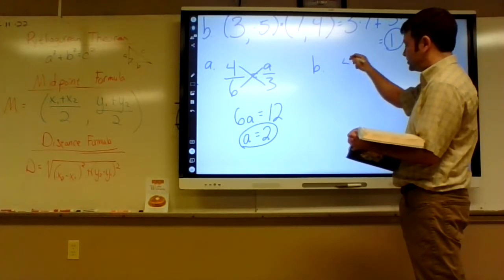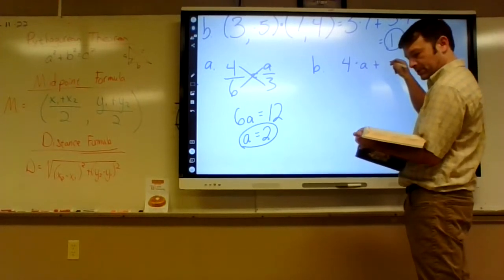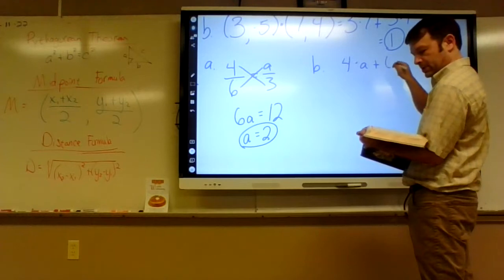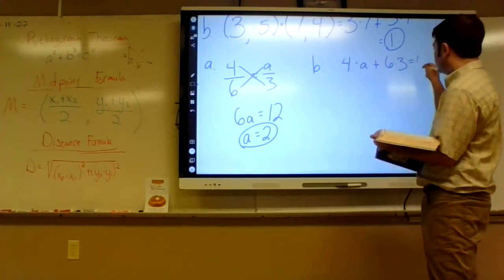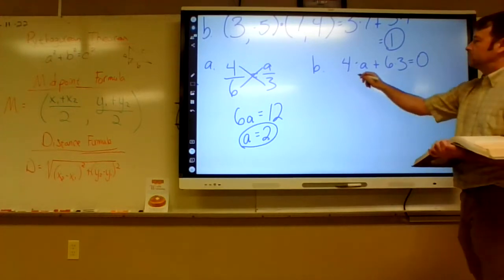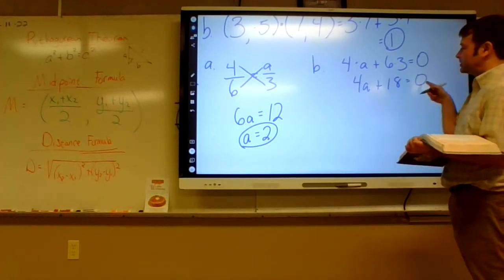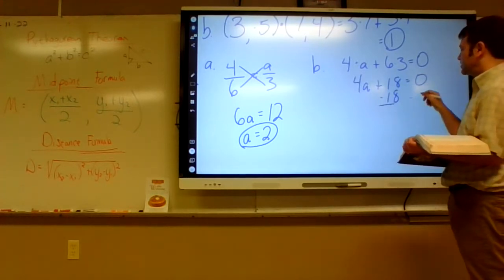The dot product is supposed to add up to 0. So 4 times A plus 6 times 3 equals 0. And then we can just solve that for A. 6 times 3 is 18, divided by 4, so A equals negative 4.